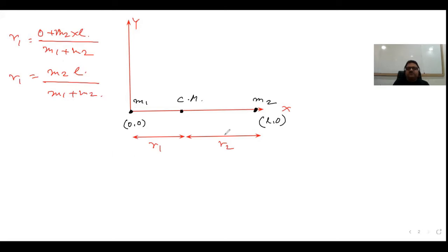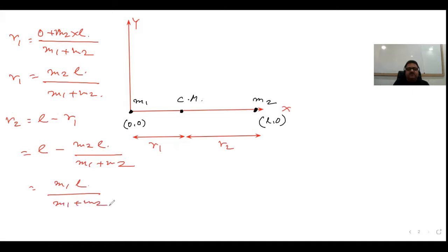Okay. Now, what is the value of r2 from the center of mass? Look, r2 is equal to L minus r1, which you can solve in this way: L minus m2L divided by m1 plus m2, that is m1L divided by m1 plus m2.